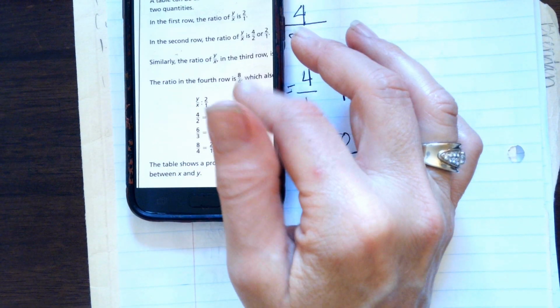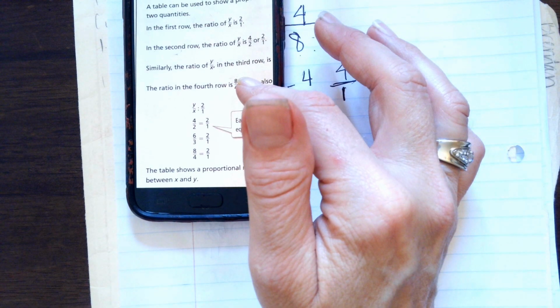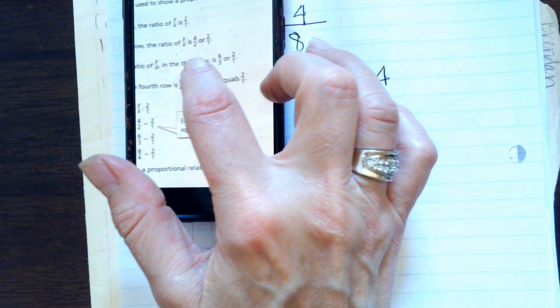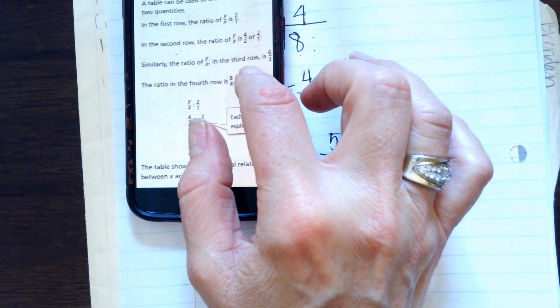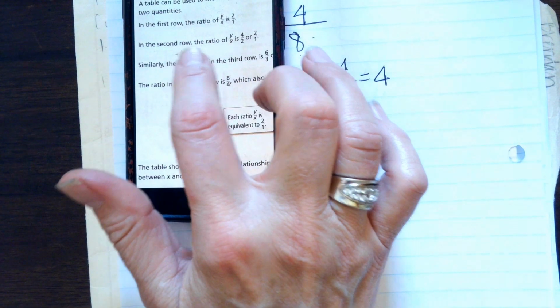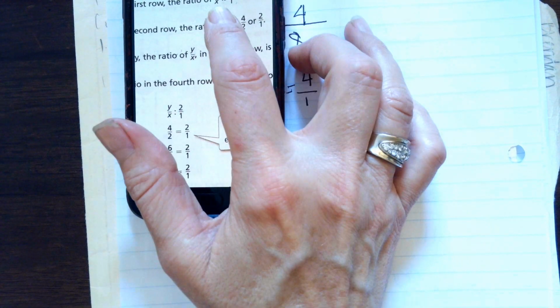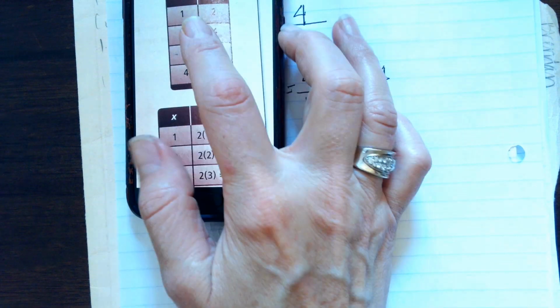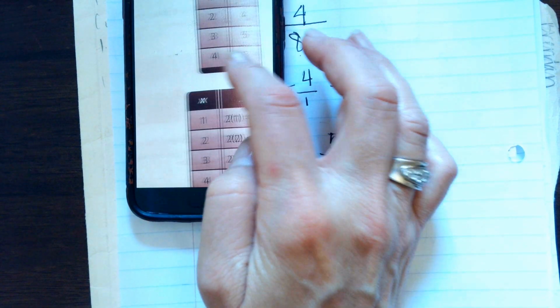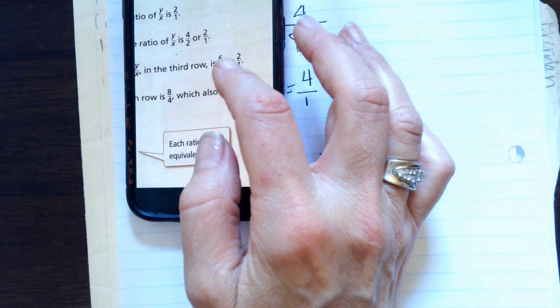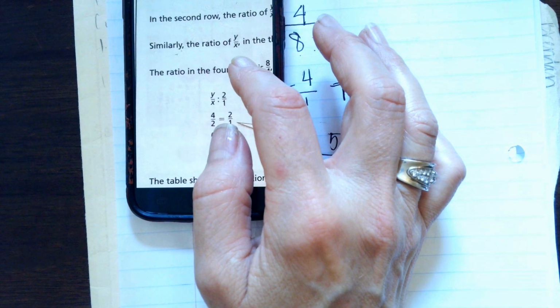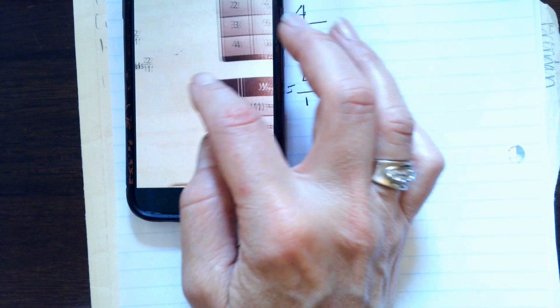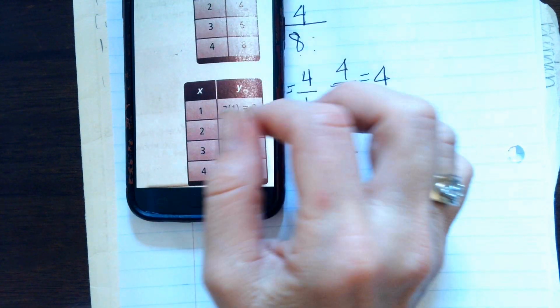Okay, the next one is a table can be used to show proportional relationships between two quantities. In the first row, the ratio of x over y is 2 over 1. So same thing, we're just going to plug in 2 over 1. In the second row, the ratio is 4 over 2.